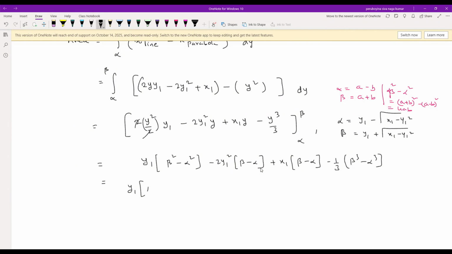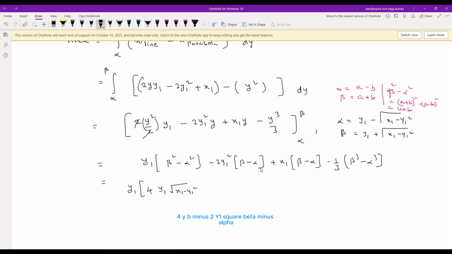We will write 4ab here, 4 into a into b. A is y1 and b is the root. So 4ab means 4 into y1 into root of x1 minus y1 square.